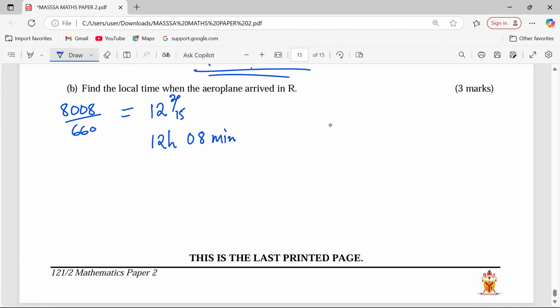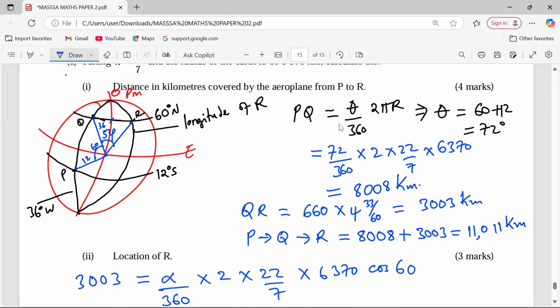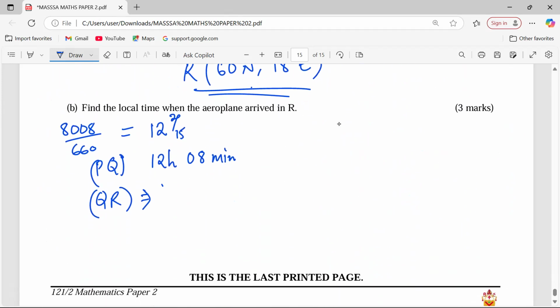This is now from P to Q. Then we know that from Q to R, the time taken has already been given as 4 hours, 33 minutes.